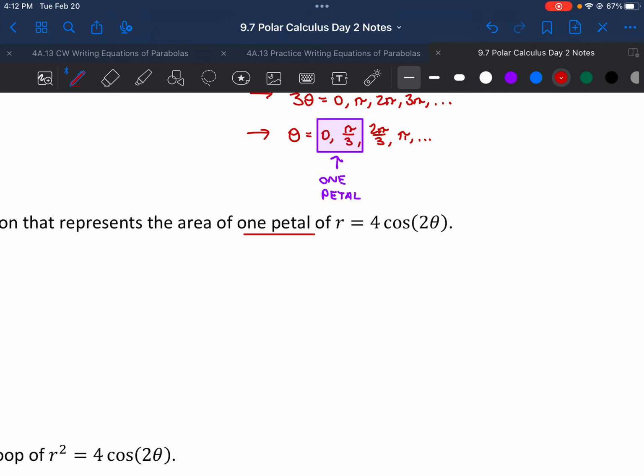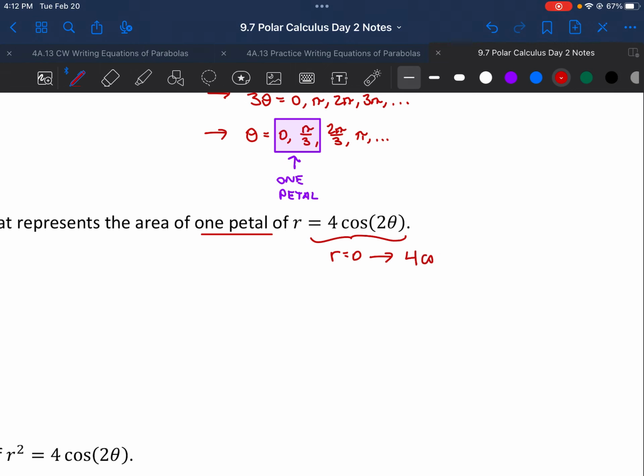I'm again gonna look at where this curve is gonna reach the pole. So r equals 0. This implies that 4 cosine of 2 theta equals 0. Divide by 4 on both sides. Cosine of 2 theta equals 0. We know that cosine is equal to 0 at pi over 2, 3 pi over 2, 5 pi over 2.